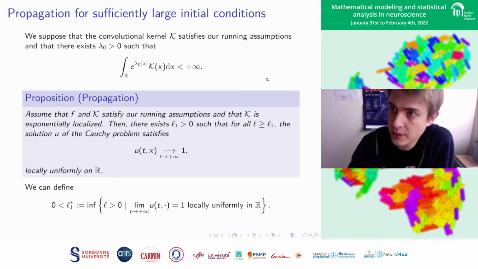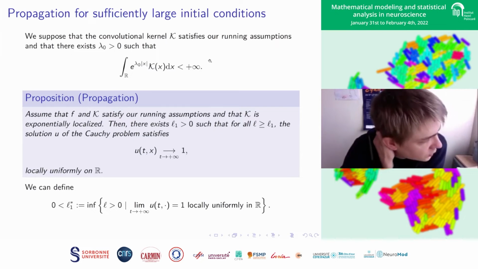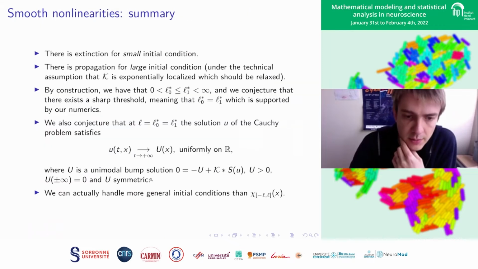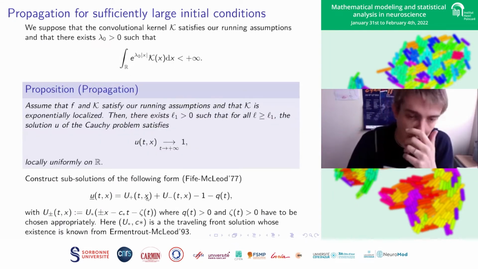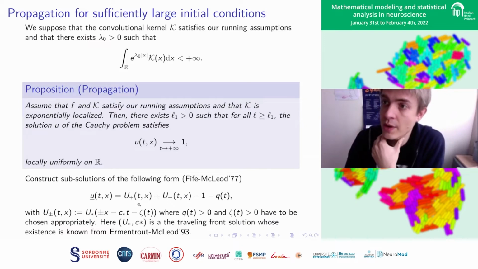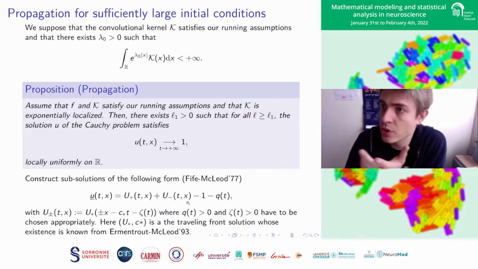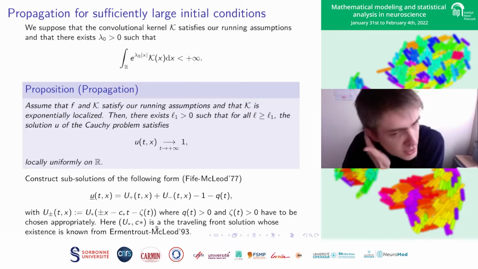And for the type of proof that I'm using, I need stronger assumptions on the kernel. This is related to the fact that I can say it here maybe in the construction. What I'm doing is that I'm taking 2 fronts. So fronts, they're traveling wave solutions to the neural field equation. They're known to exist since the pioneering work of Ermentrout and McLeod.